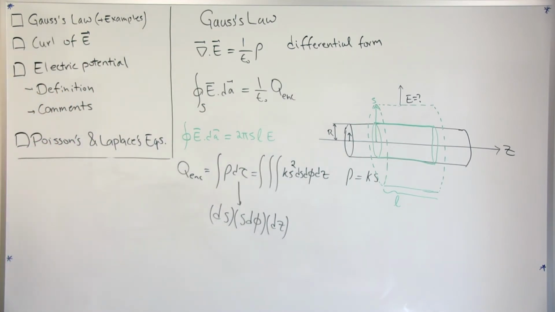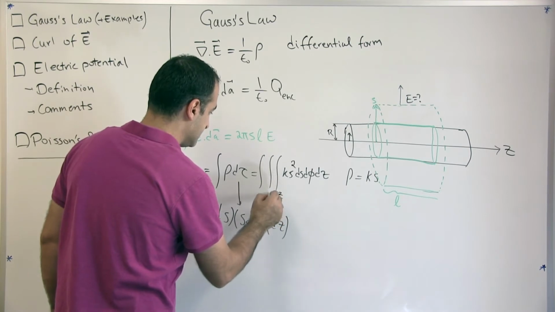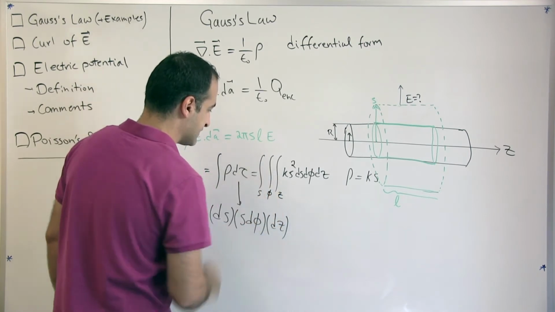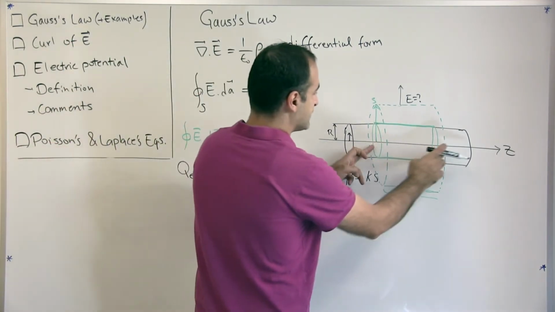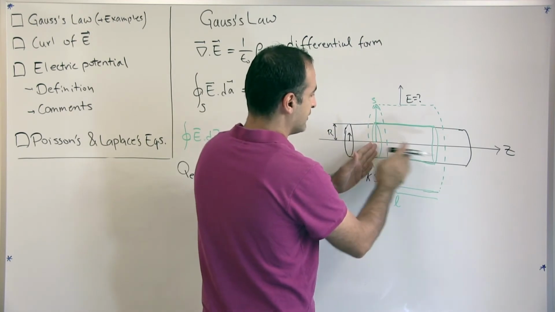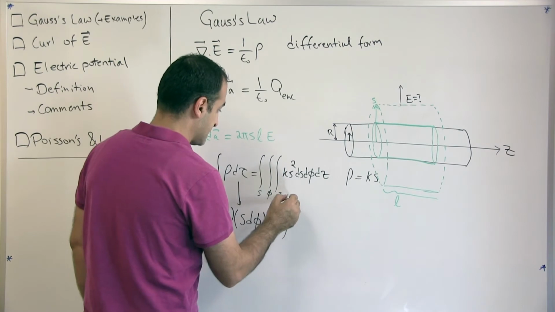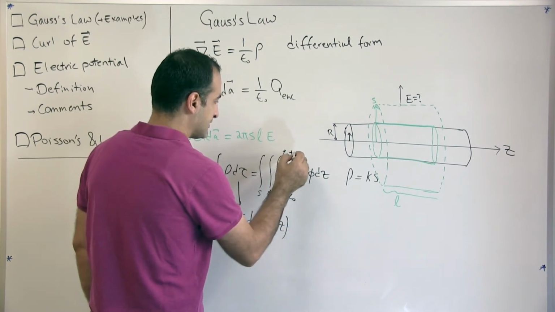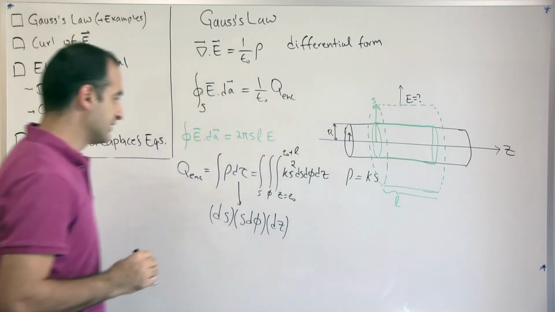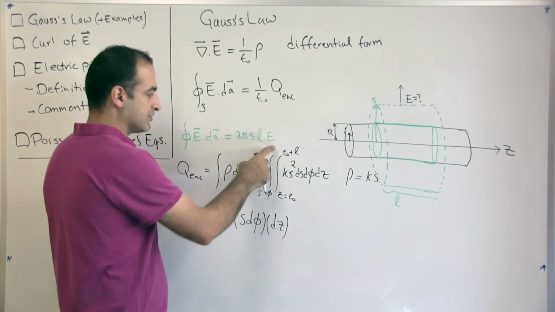Okay, so this triple integral runs over z, phi, and s. What are the limits for each of them? For z, we are moving from this point to this point. Overall, it's going to be from some point to that amount plus L. So I can say that this is from, let's say, z naught to z naught plus L. That's the limit for z. For phi, it always goes from 0 to 2 pi.